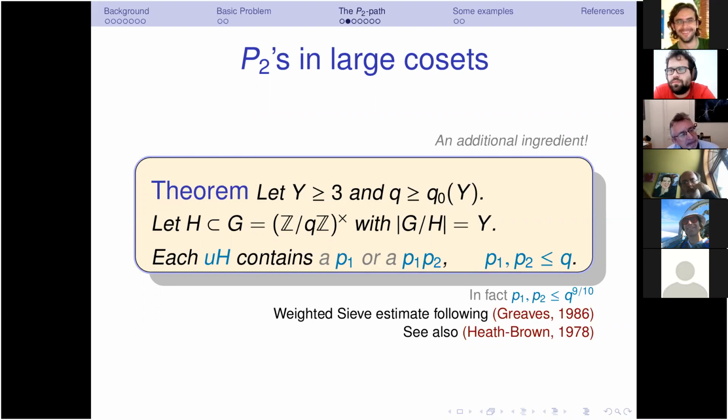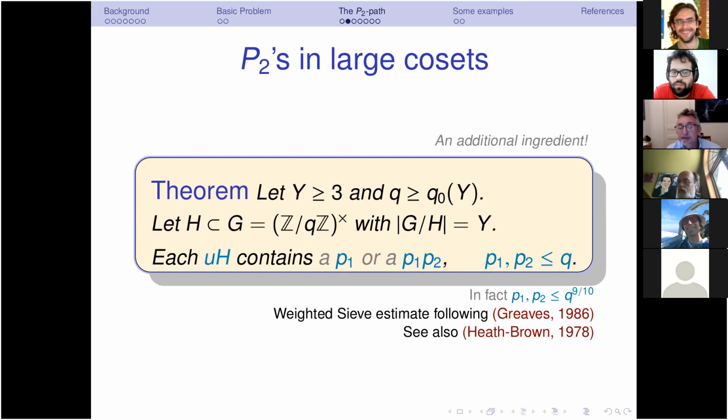That's strange. I was thinking about the result of Iwaniec, Brun-type '78, he proves that every congruence class modulo Q contains a P2 number, so less than 2 prime factors, and each of them is less than Q to the 1.8 or 1.9, something like that.